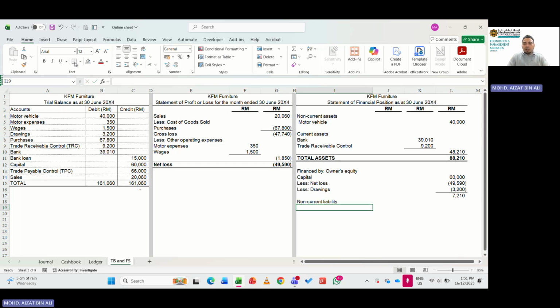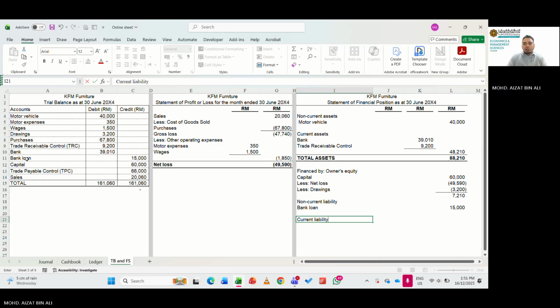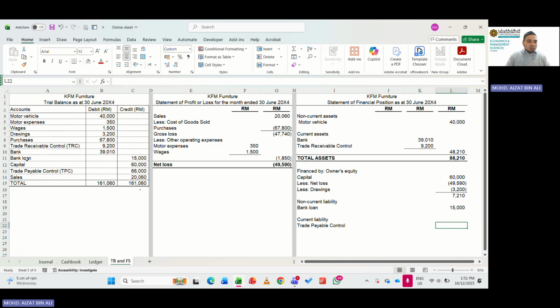Okay. And then we have our non-current liability. Okay. But sometimes we use long-term liability as well. We have a bank loan amounted to 15,000 ringgit. And then we have our current liability, trade payable control, and the amount is 66,000. Oh my God, that is a lot. Too much debt, right?